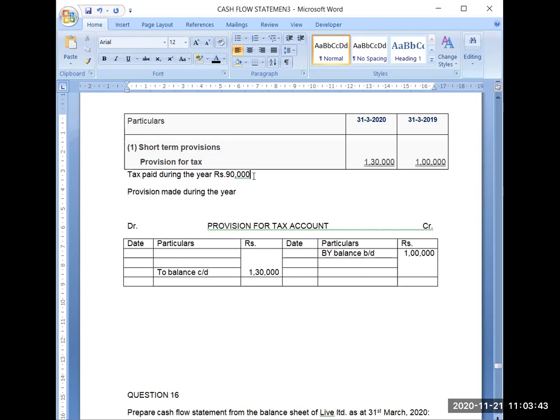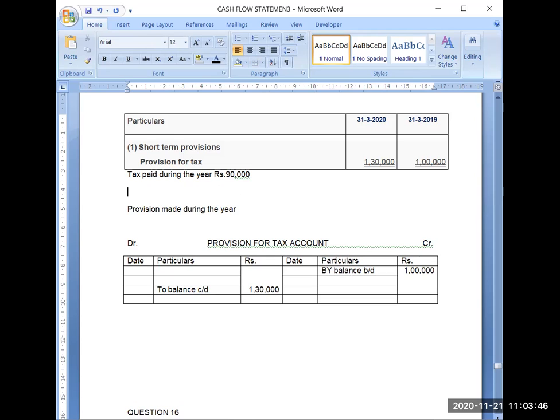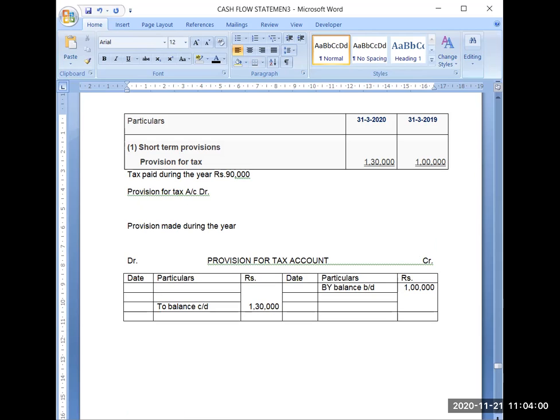So what journal entry we will do in this case? Tax paid during the year. The journal entry will be provision for tax account debit to bank account.